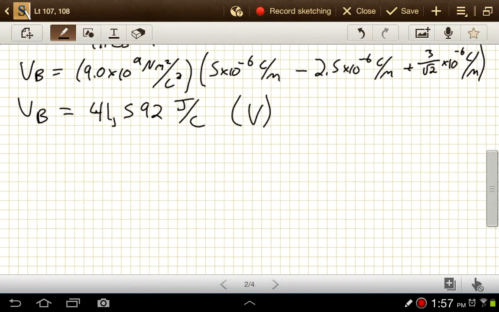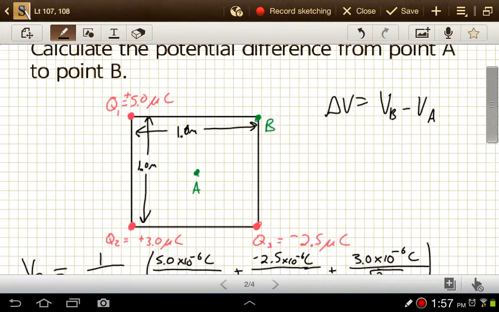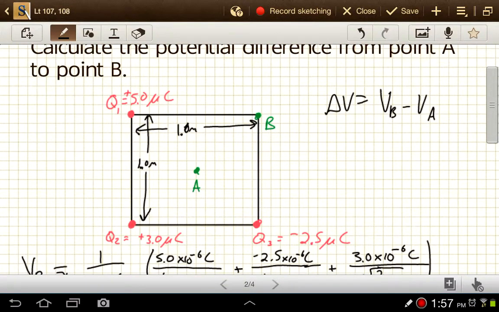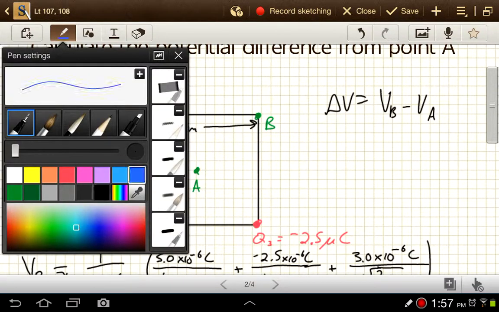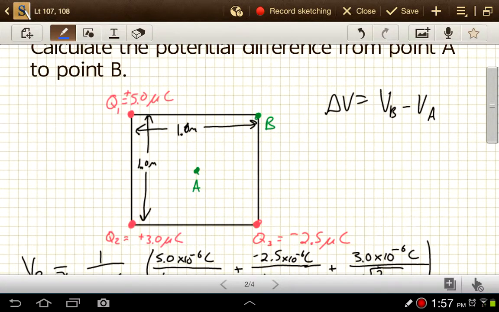Next up we'll do VA, which is 1 over 4 pi epsilon naught times, okay, so we have a little bit more trig to do, it looks like here. Let me get a different color so we can tell the difference. Each of these distances will be equal, since that's right at the middle of the square.